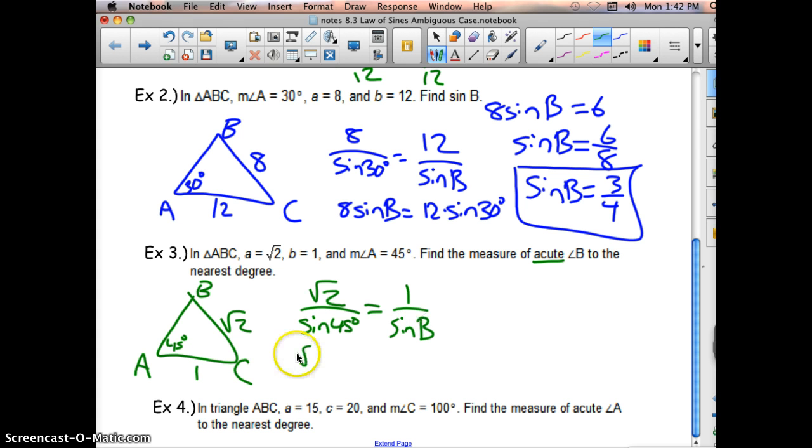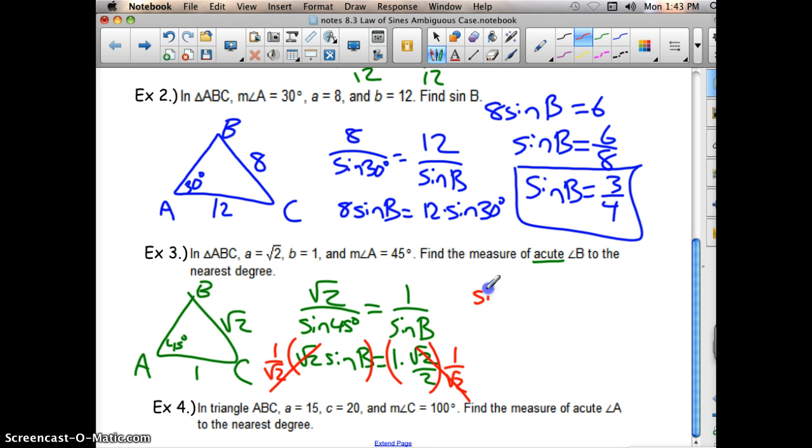Okay, so I'm going to get radical 2 sine B equals 1 times the sine of 45, which is radical 2 over 2. All right, so now I just need to divide both sides by radical 2. What might be easier, because this has a fraction in it, is to multiply both sides by the reciprocal of radical 2, 1 over radical 2, so they'll cancel. And you'll see they'll cancel there.